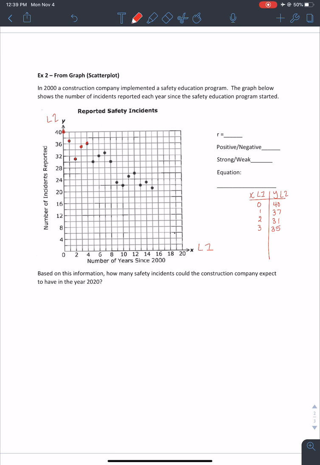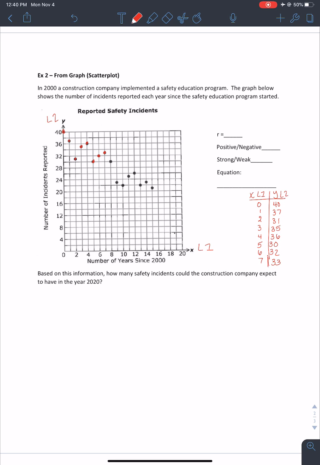This point has an X of 4 and a Y of 36. This point has an X of 5 and a Y of 30. This point has an X of 6 and a Y of 32. This point has an X of 7 and a Y of 33.